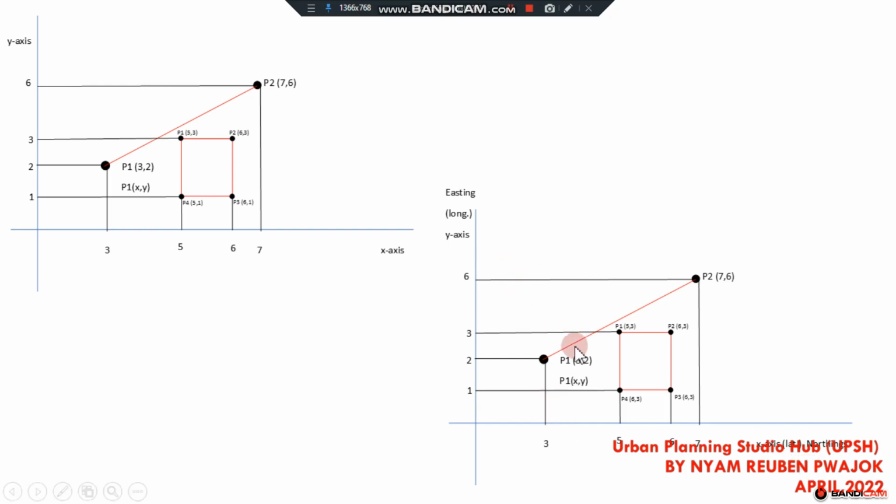It means that this point, the first one, P1, which was here, we read it as 3, 2, simply means it's on 3, 2 of the x and y axis. Similarly, we can also say that this point is on latitude 3 and longitude 2, or we can say it's on northings 3 and eastings 2. That is just the concept, and that is what a point feature basically stands for. It's just a pair of coordinates.